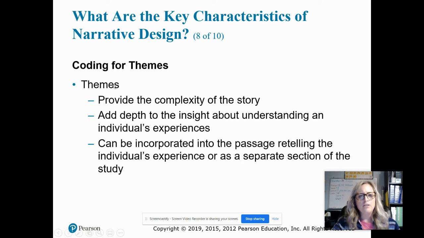As you discover your themes after you've coded it, you're going to provide the complexity of the story. You're able to add depth to the insight about the understanding of an individual's experiences. And then you can incorporate the retelling of these experiences in a separate section of your study. So you're going to be able to write these type of themes that emerged.